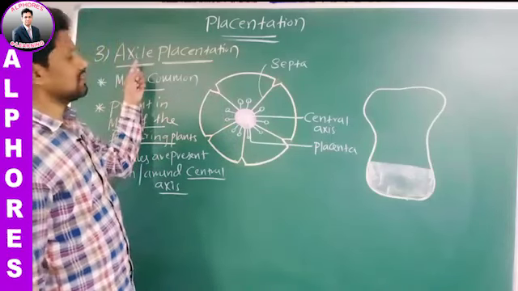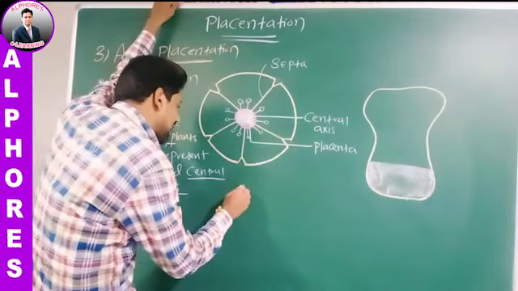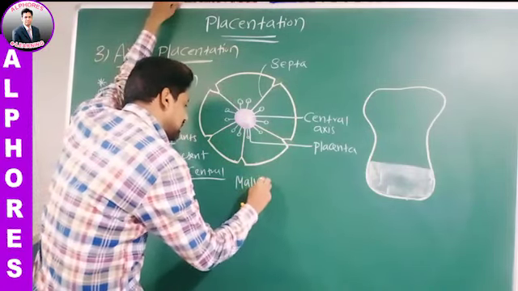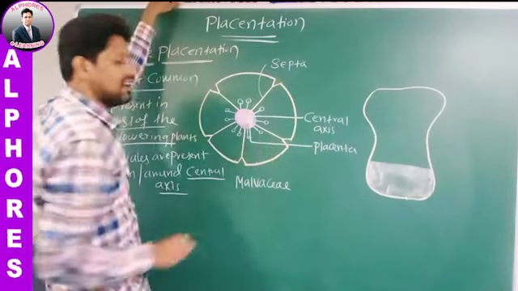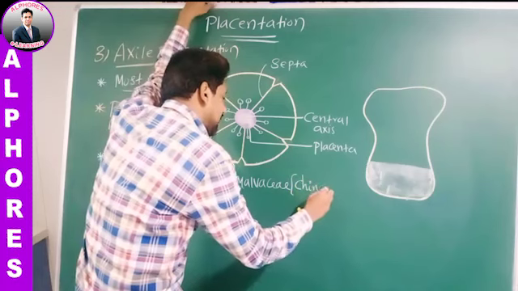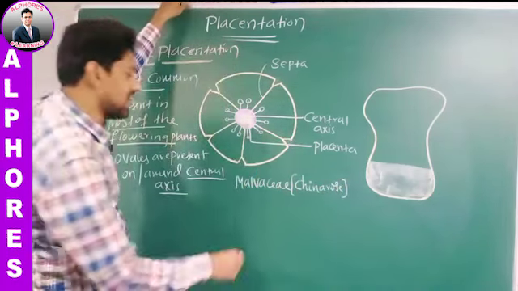We are discussing axial placentation. Examples: number 1, Malvaceae family, the best example being China rose.